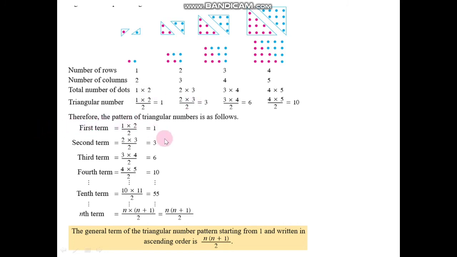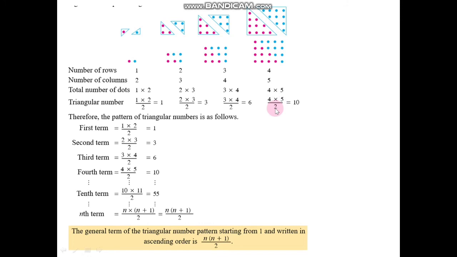So, when looking at this, the pattern of triangular numbers is as follows. First term, 1 into 2 divided by 2 gives 1. 2 into 3 divided by 2 we get 3. 3 into 4 divided by 2 we get 6. 4 into 5 divided by 2 we get 10. So, in here you can see on the left hand side you get the term number, and we multiply it by adding 1 to the term number and we divide it by 2.